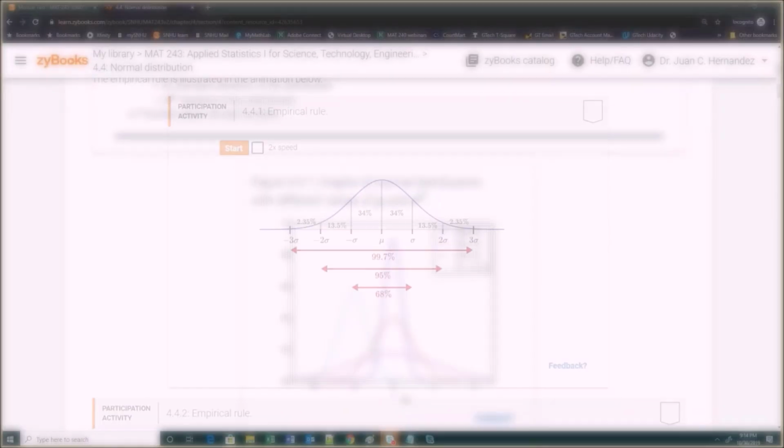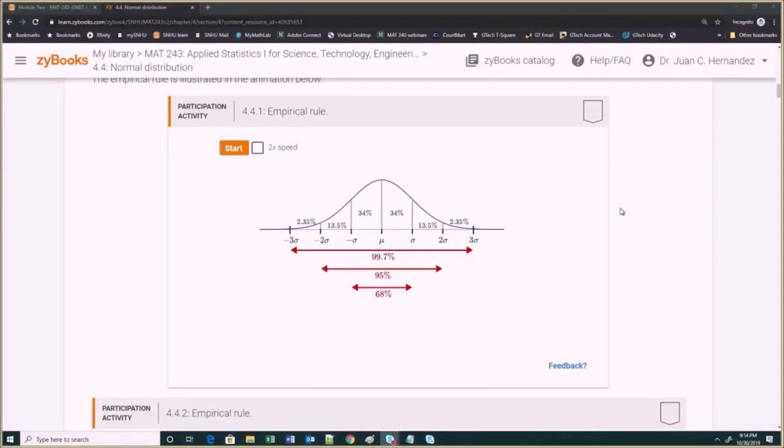One of the most important rules in the topic of normal distribution is what we call the empirical rule. So, Professor Wan, what is the empirical rule? The empirical rule tells you what is the area that we find under 1, 2, and 3 standard deviations to either side of the mean.